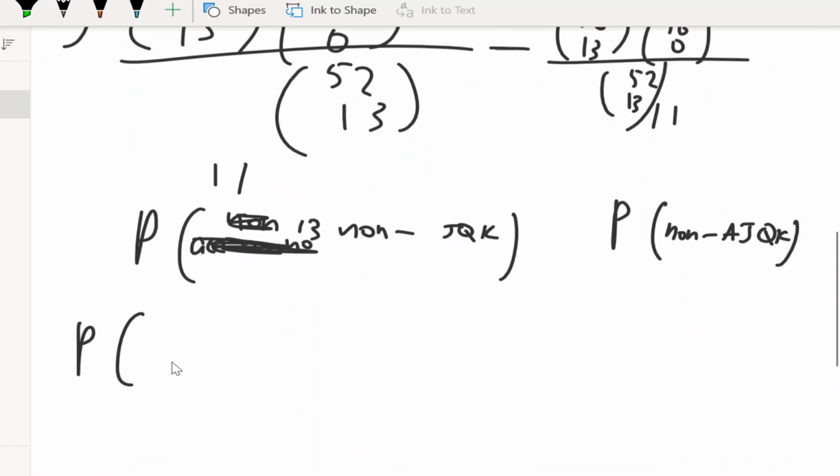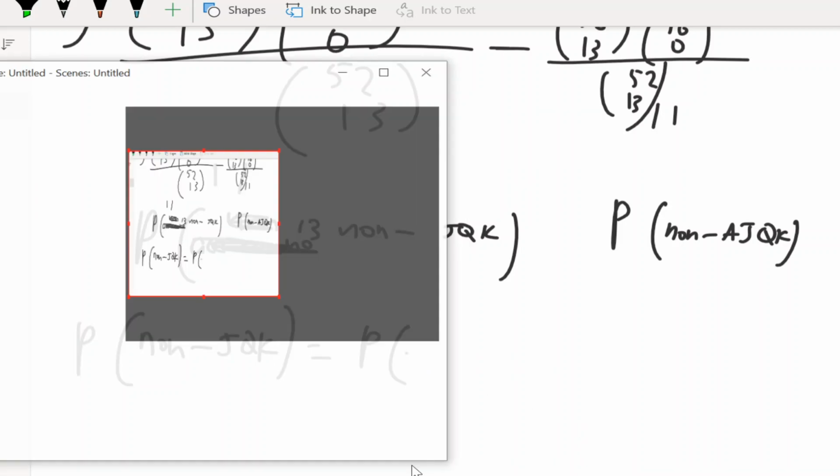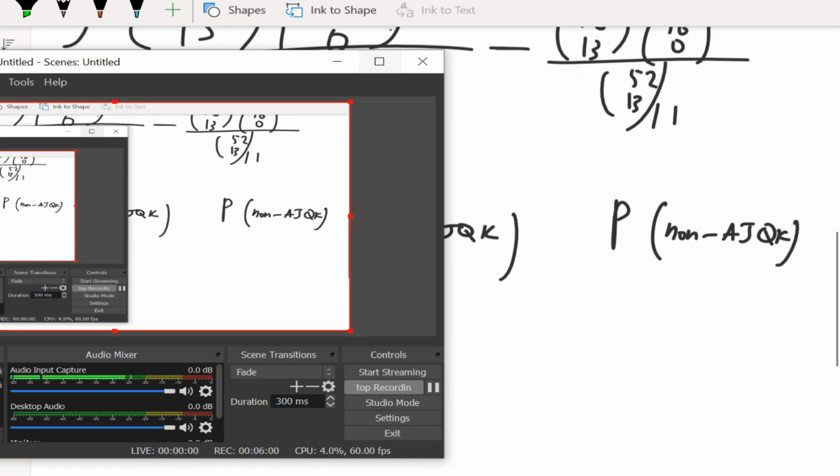P of non Jack, Queen, King is equal to P of, sorry for that pause.